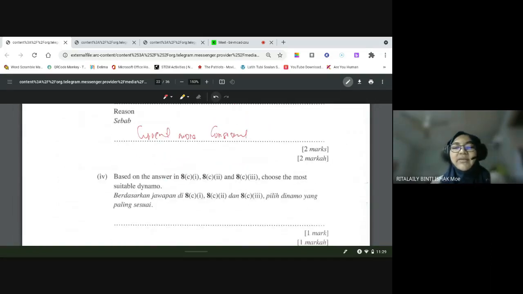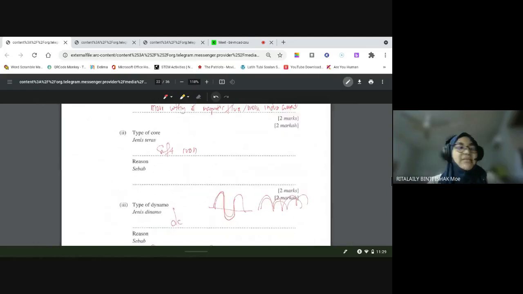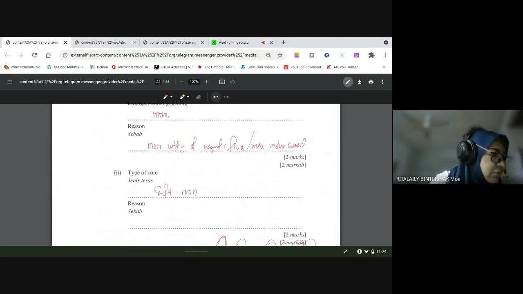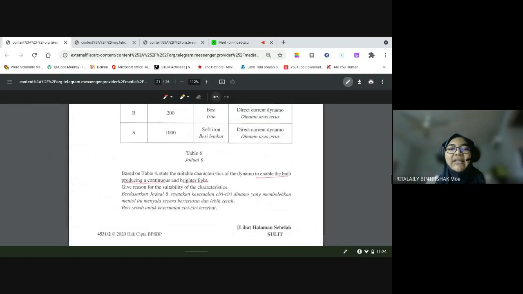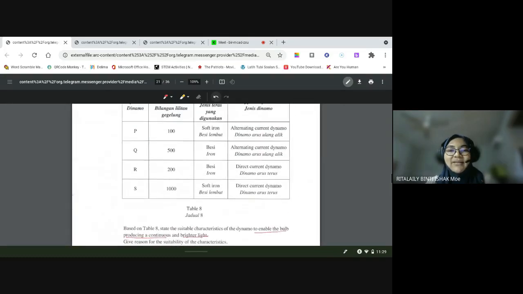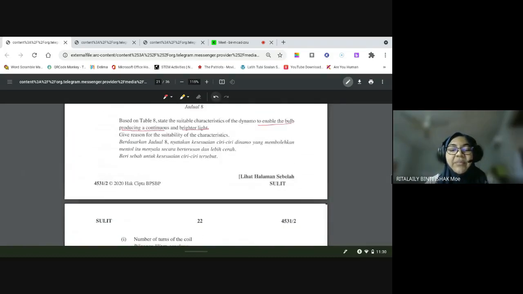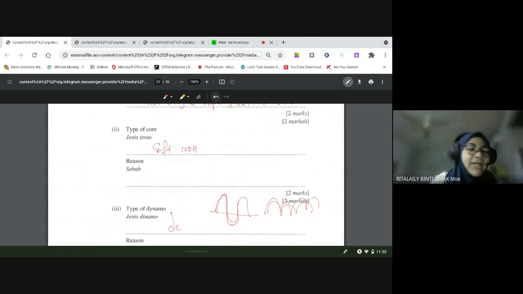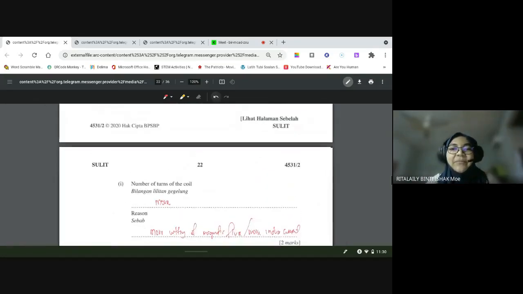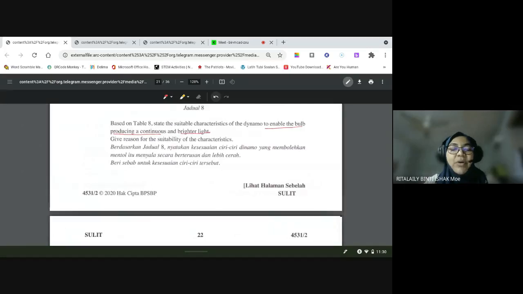So based on the choice, which one? Continuous and consistent. Continuous means uninterrupted. Consistent means not much difference. Okay, so among all the options, the suitable one is S. It has direct current, soft iron, and the most turns of coil. We cannot use continuous because continuous is in the question. Enable bulb to produce continuous brighter light.